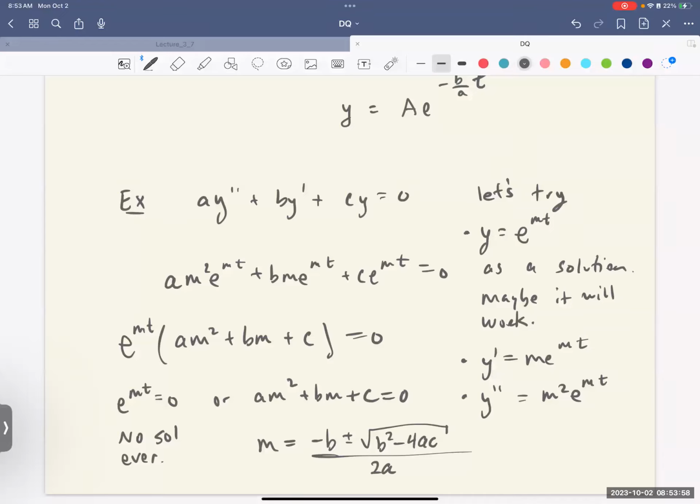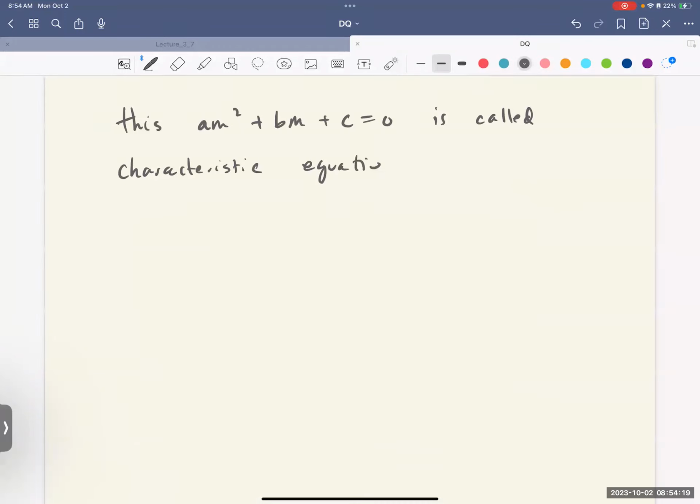All right, so this am squared plus bm plus c equals zero is called our characteristic equation, because it's going to inform what our solution looks like.